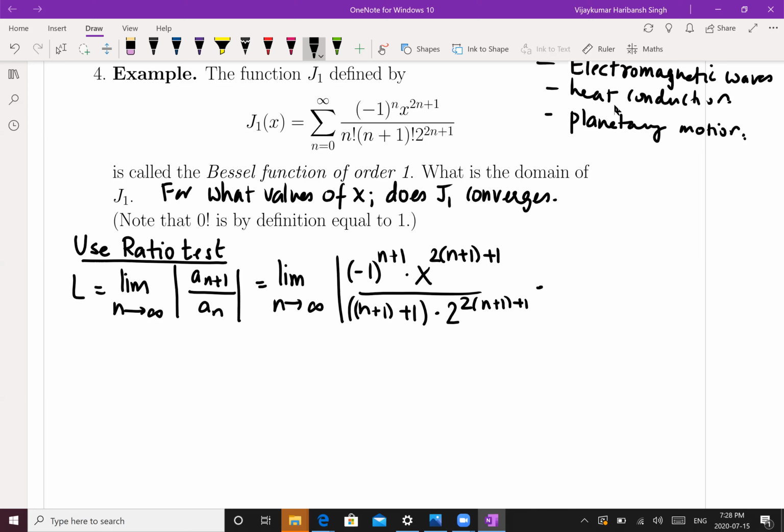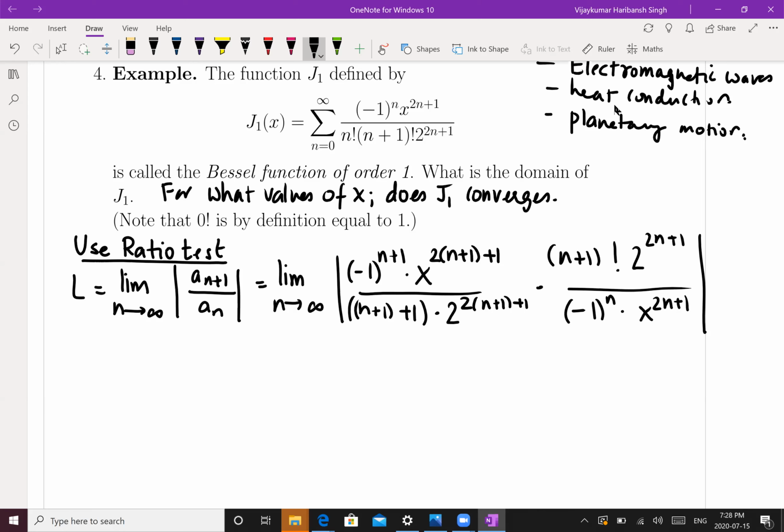This is my a n plus 1. Wherever there is n, I'm putting n plus 1. And now dividing by a n is same as multiplying by the reciprocal. So we have 2n plus 1, n factorial, n plus 1 factorial, 2 to the power 2n plus 1. So now we can get rid of the minus sign right away.